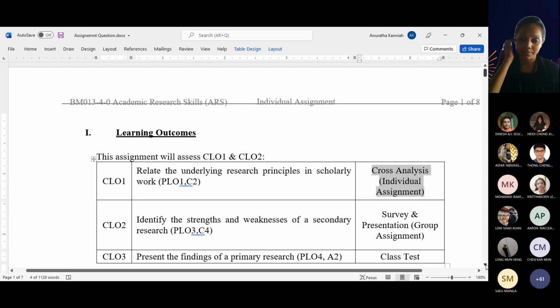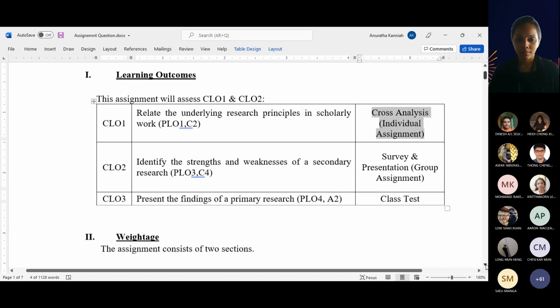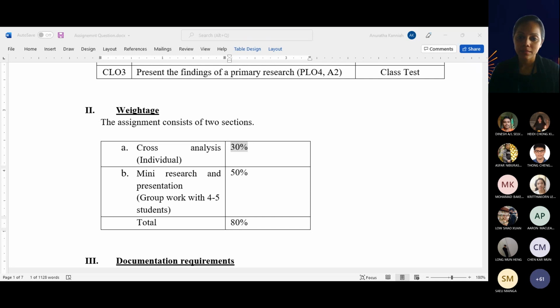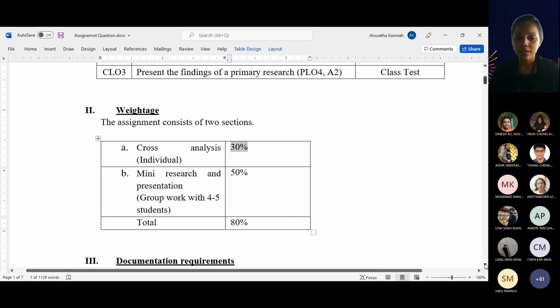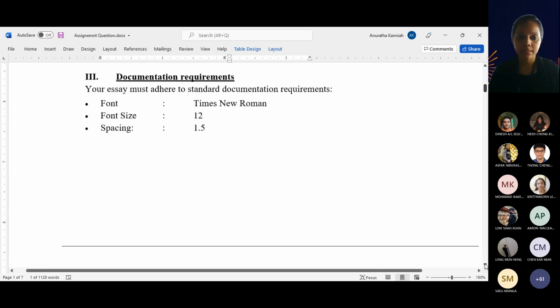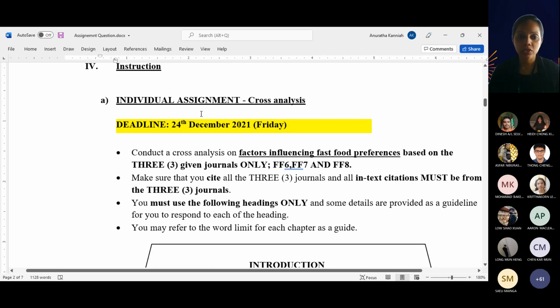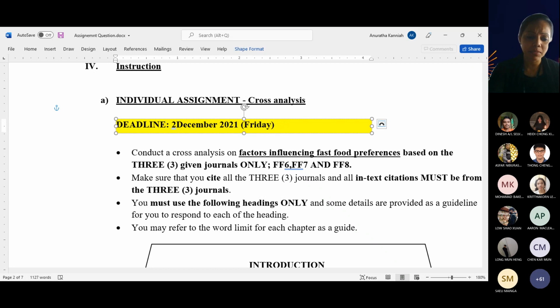How many percent is that? Guys? 30%. Okay, so 30%. What is it called? Cross analysis. Your deadline is the 24th of December, Christmas Eve. You don't have to wait till Christmas Eve. Shall I make it the 23rd? The 24th is a holiday.